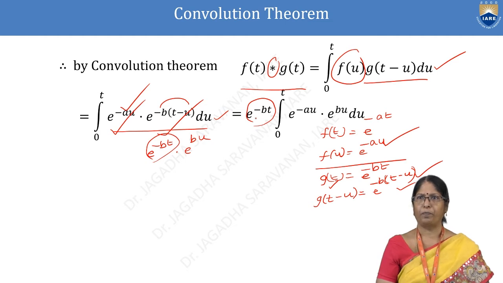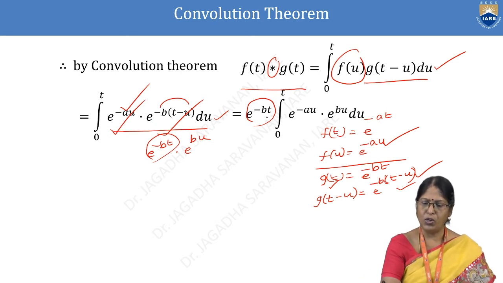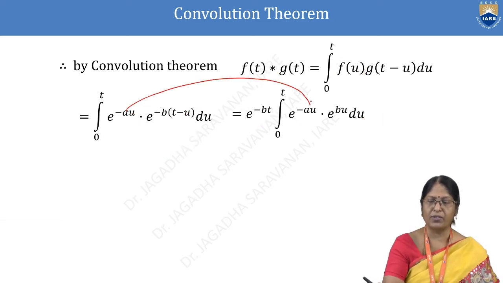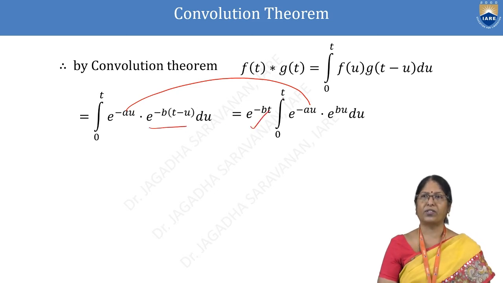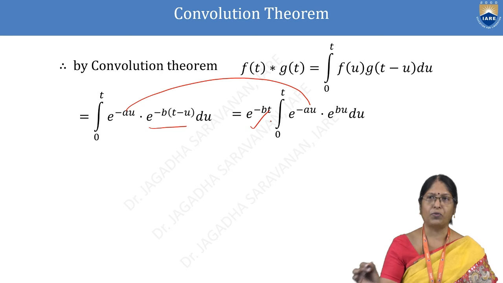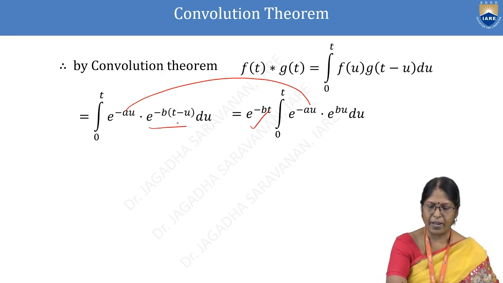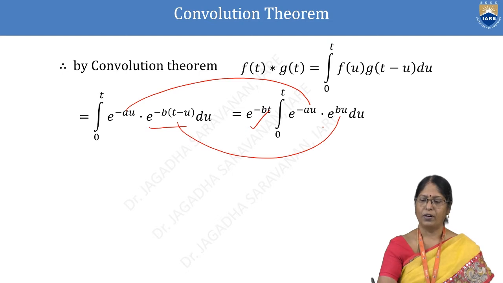The terms inside the integral are e power minus au into e power bu, written as it is. The constant is before the integral, and the remaining part is related to u, so we have to do the integration with respect to u, du.